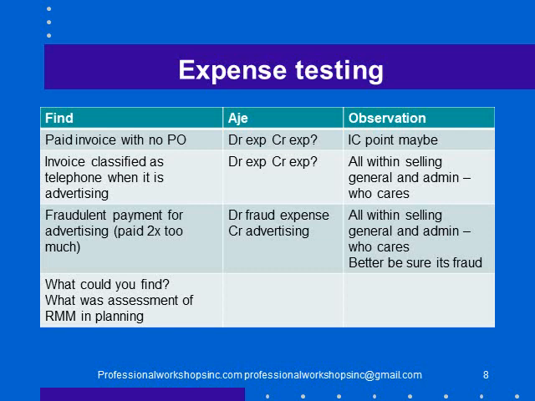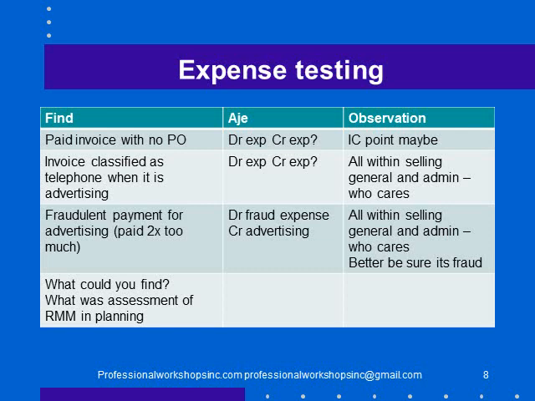Better be sure it's fraud before you go rocketing off to management to say, we found the purchasing manager committing fraud by paying too much. Better be very, very sure before you do that. And anyway, we don't care. It's not fraudulently misstating the financial statements. It's fraud, by definition fraud, but doesn't materially misstate the financial statement.